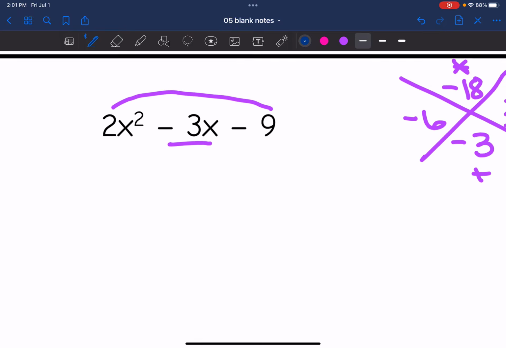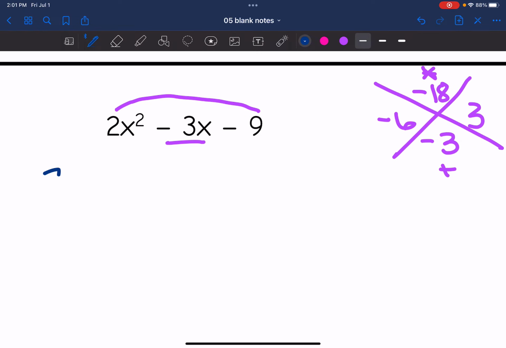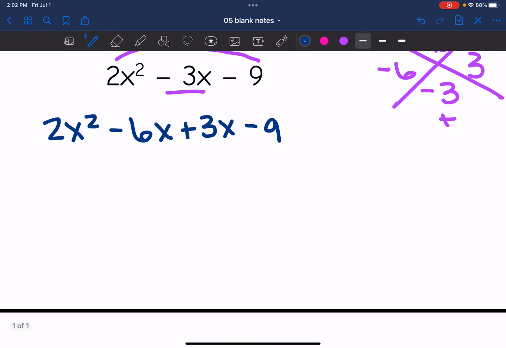So my new polynomial will be 2x squared minus 6x plus 3x minus 9. And now I can factor by grouping. The GCF of 2x squared minus 6x would be 2x, and I'm left with x minus 3.